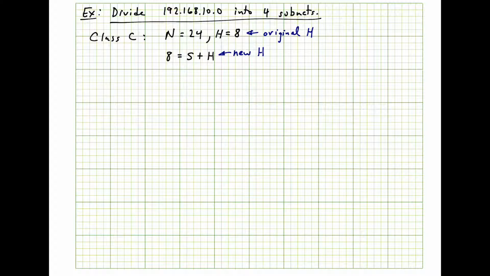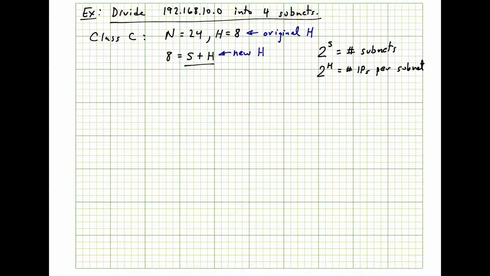So here, what we're going to do is we're going to say, well, look, in every case, 2 to the S is the number of subnets we're going to get, and 2 to the H is the number of IPs per subnet.